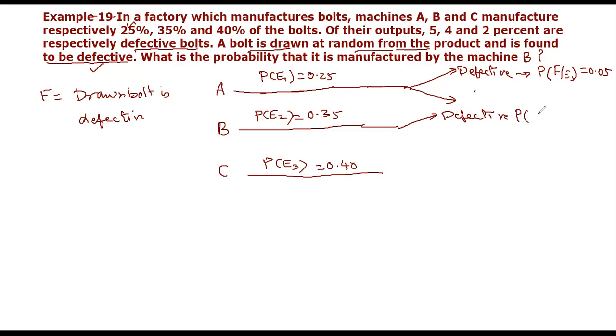Similarly, the probability of a defective bolt from machine B is given as 4%, which means 0.04. And similarly, a defective bolt manufactured by machine C is 2%, so 0.02 is the probability.